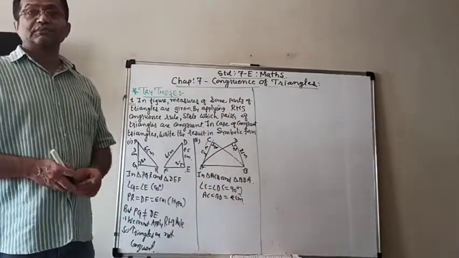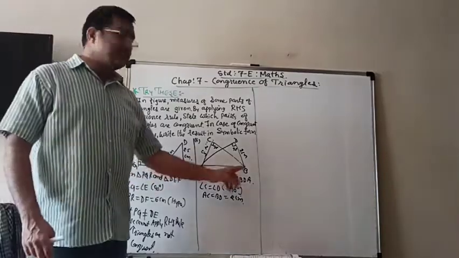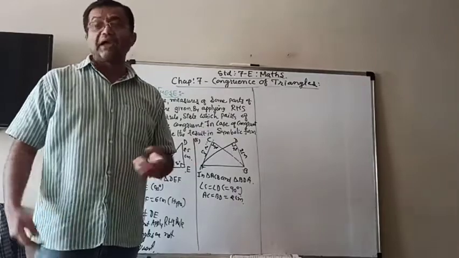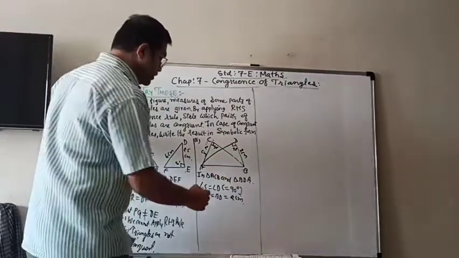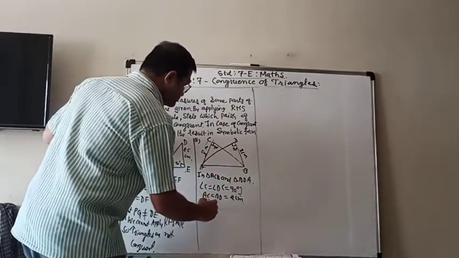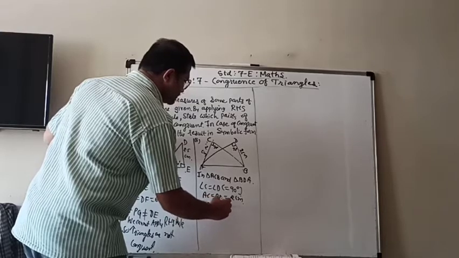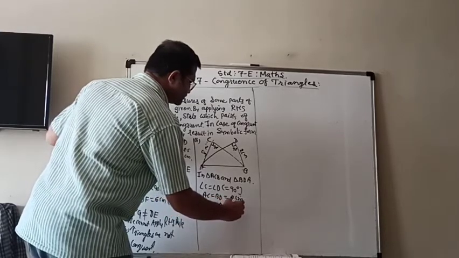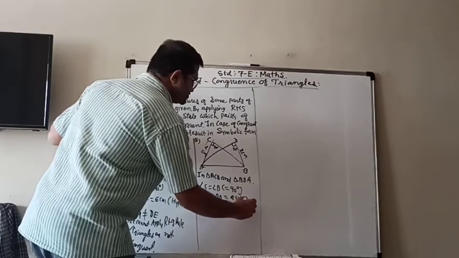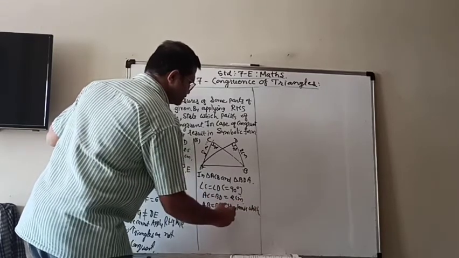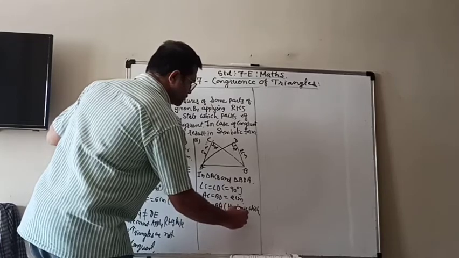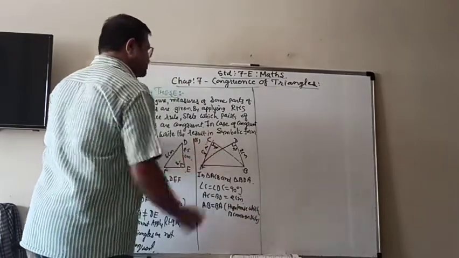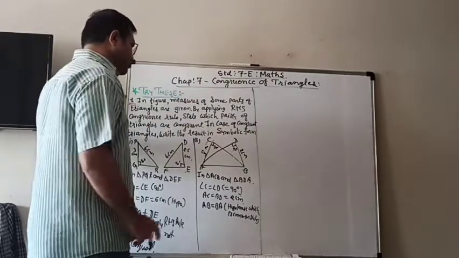But you can see that AB is the hypotenuse in both the triangles and it is common. So AB is equal to BA, hypotenuse, which is common. So now both hypotenuses are also equal and the corresponding one side is equal.